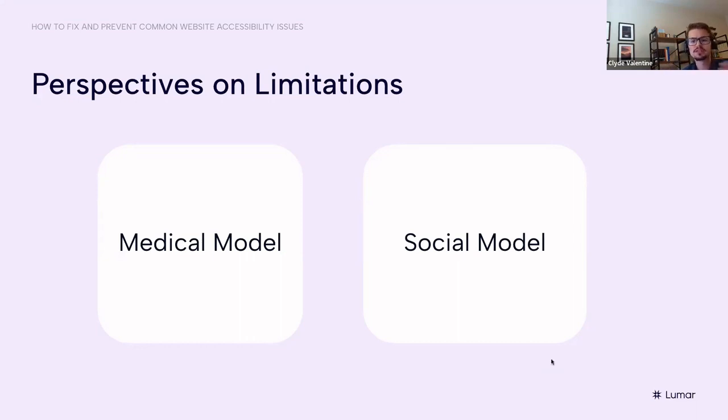The medical model of disability views an individual as broken because of some limitation that they have, and it's viewed as more of a personal, inherent defect that needs to be corrected. And then the social model of disability views an individual as limited because of the way society is built or because of the environment. If an individual who uses a wheelchair has access to a wheelchair ramp, are they limited?